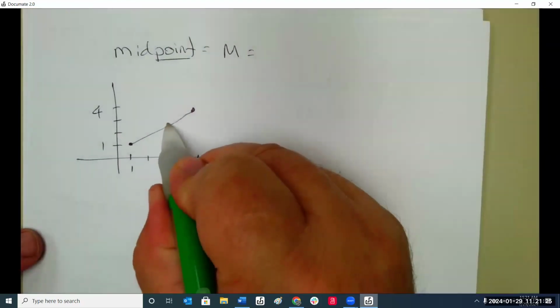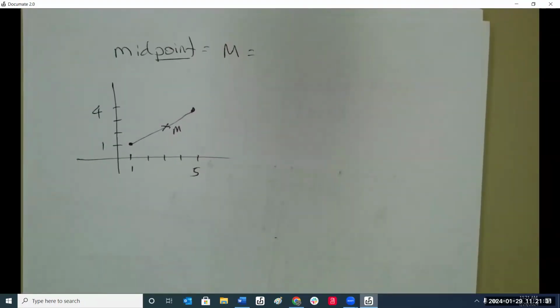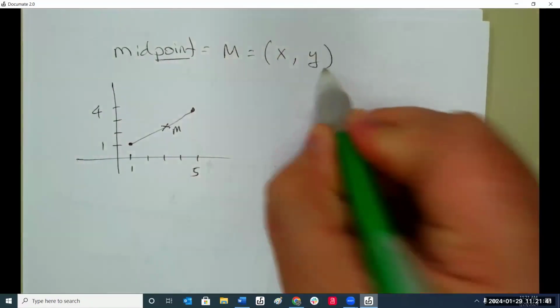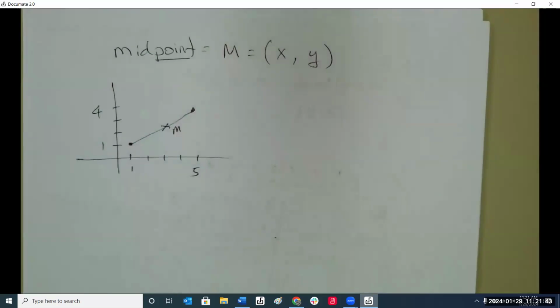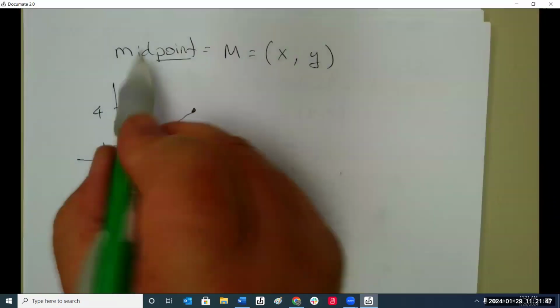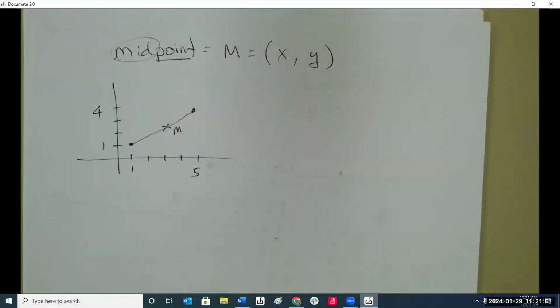So the midpoint would be somewhere halfway between there. Remember, it's a point. So what format does it have to have? Has to have an X and a Y. Very good. Remember, it's got to be halfway between there, right? That's what mid means. Mid means half. Halfway between the 2 points.